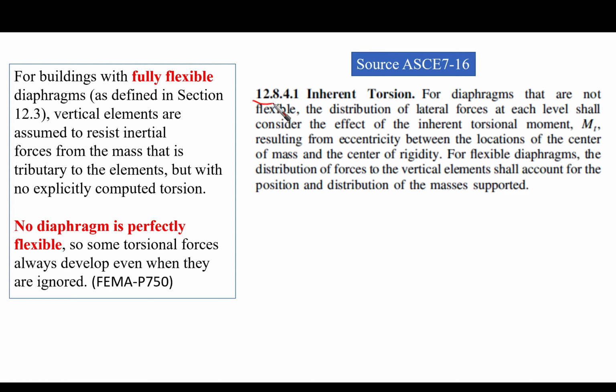Under section 12.8.4.1, inherent torsion, the code is stating that for diaphragms that are not flexible. What is the meaning of this? It means that we are talking about a rigid diaphragm. What is the definition of a rigid diaphragm? We're going to talk about it later, and you're going to find one section in the code talking about it.